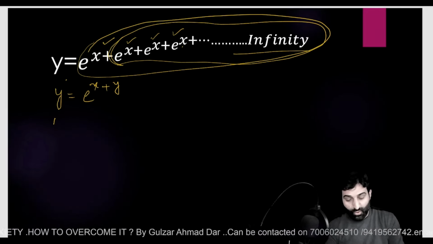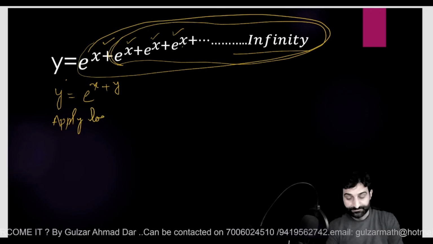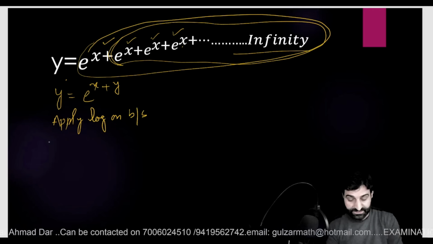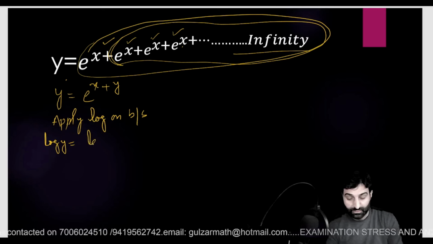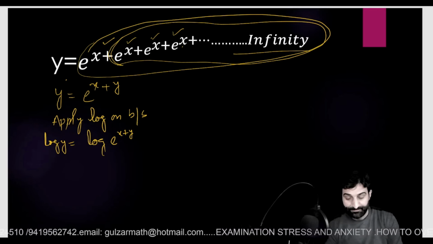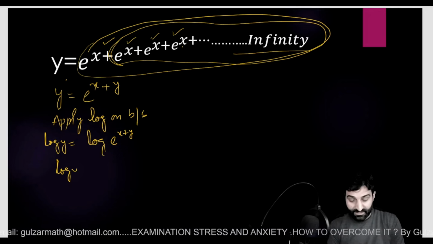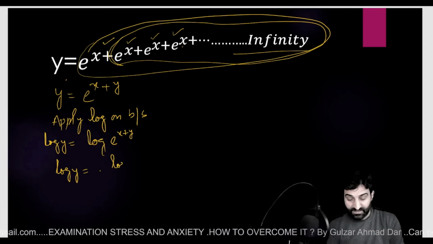If I apply log on both sides, what do we get? Log of y is equal to log of e raised to the power x plus y. On simplification, we get log of y is equal to log of e.